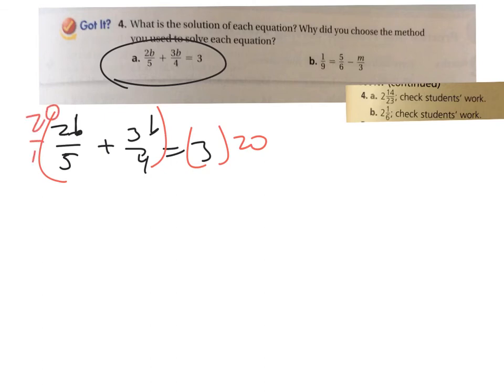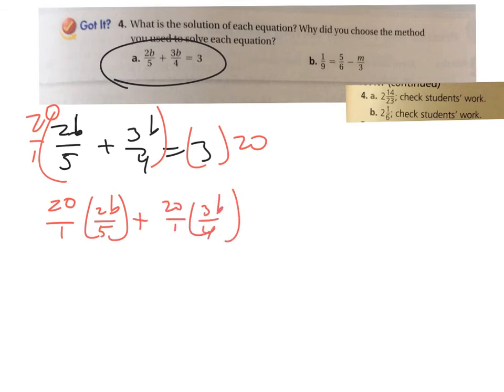So what that gives me on this side is 20 over 1 times 2b over 5 plus 20 over 1 times 3b over 4 equals 60. And we can cancel out here and get a 4, cancel out here and get a 5.